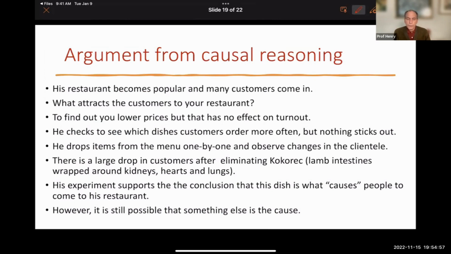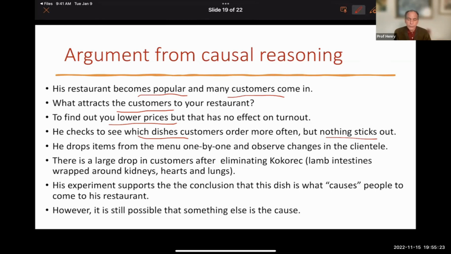His restaurant becomes popular. Many restaurants come in. What attracts the customers to your restaurant? Okay. Why are you so popular? Well, you find out that lower prices have no effect on turnout. He checks to see which dishes the customers order more often, but nothing sticks out.